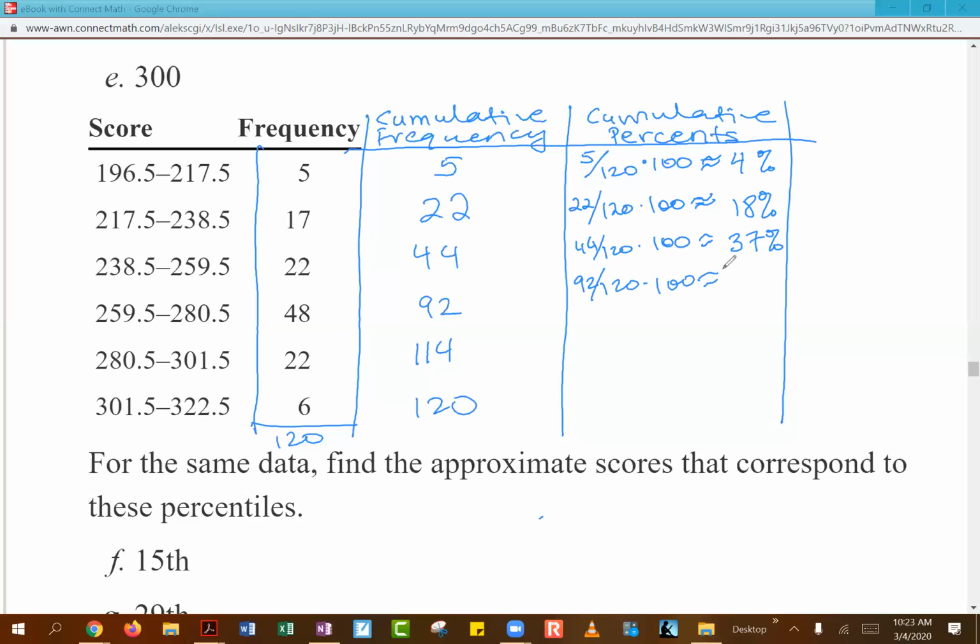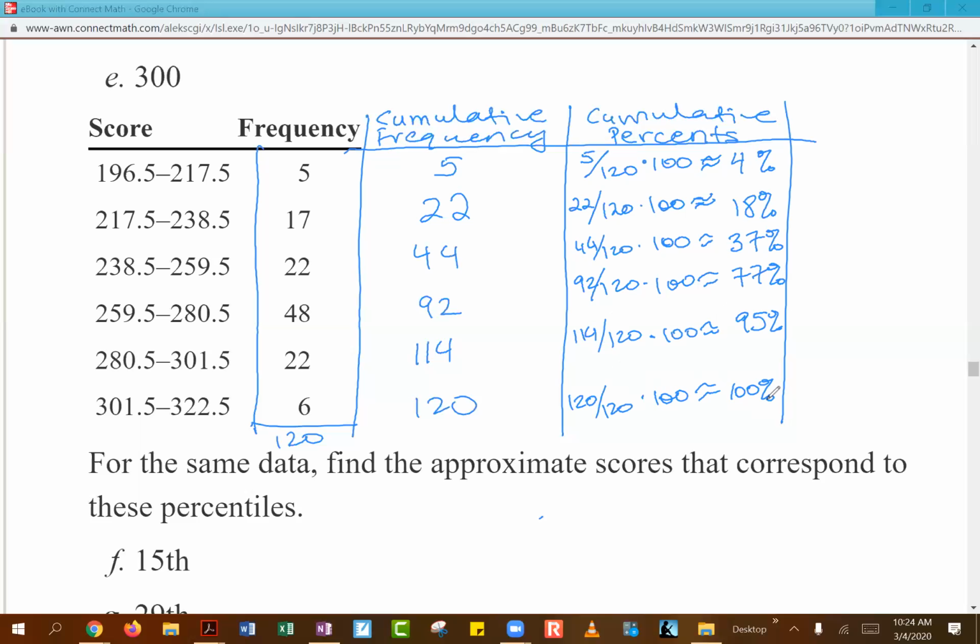And what's 92 coming out to be? 77%. Okay. 114. That's good. And the last one, of course, would be 100%.